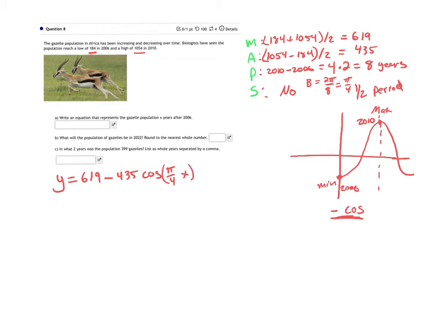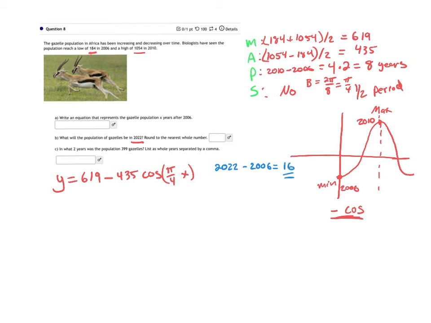Now, to answer the next two questions, what I'm going to do is I'm just going to use the equation. The first one says, what will the population of the gazelles be in 2022? So I have to figure out how many years that is from when we started. So I'm going to take 2022 and subtract 2006, and that's going to give me 16 years.